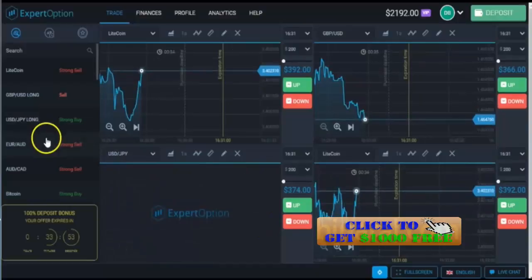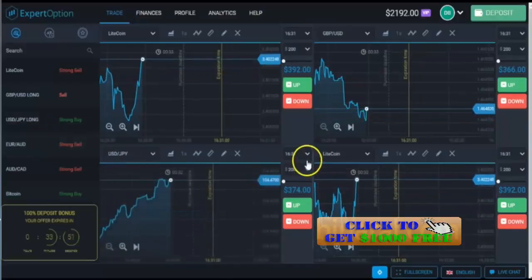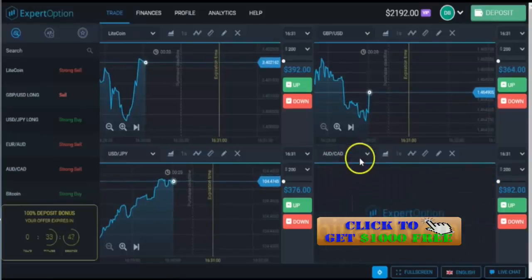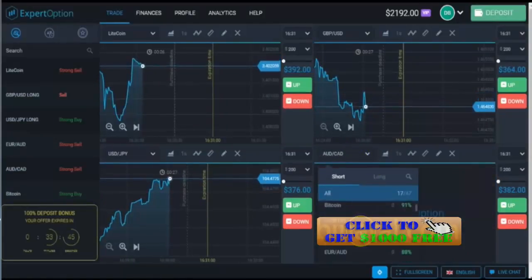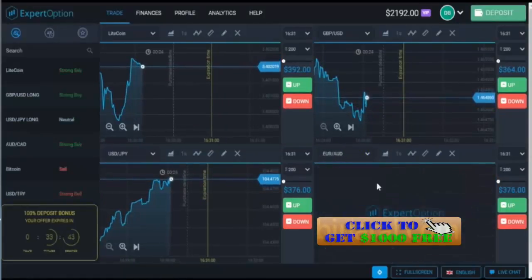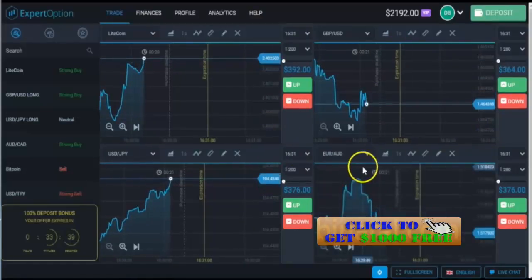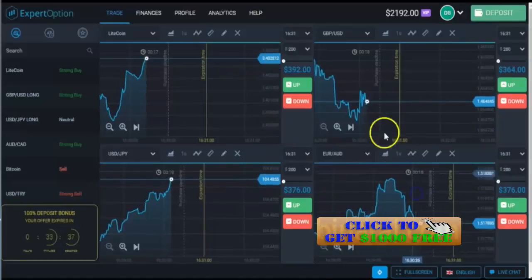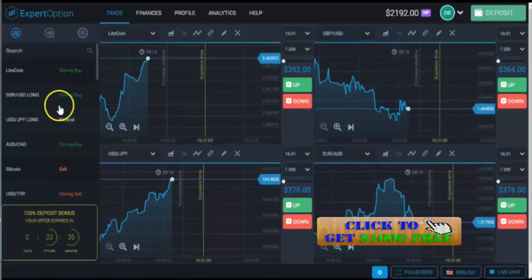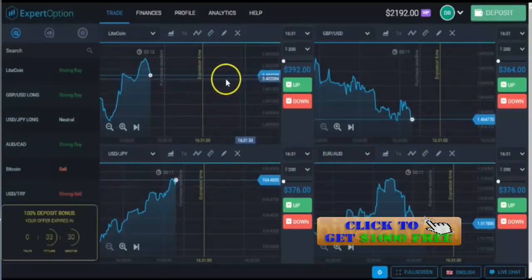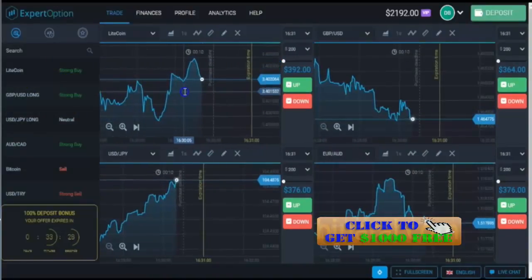Here we go, and the next one, Euro Australian dollar. All right, so we have 4 currency pair graphs here, and we will look at these signals and make bets according to them.